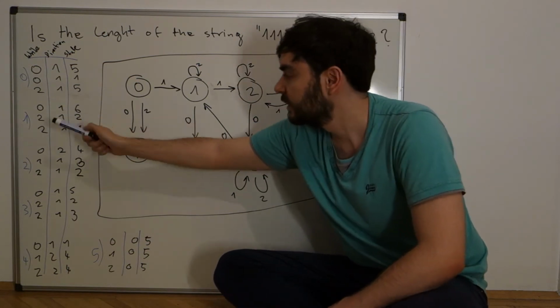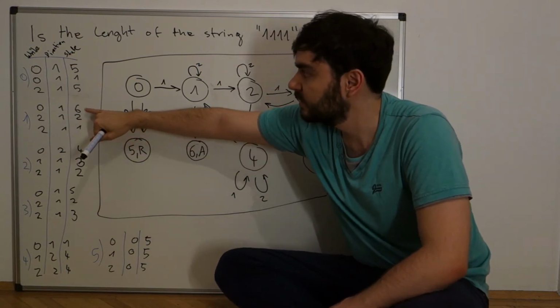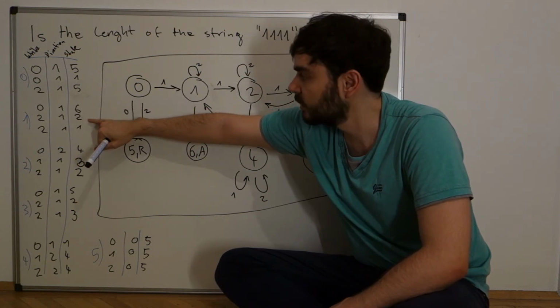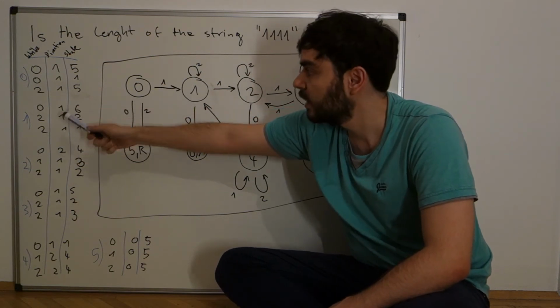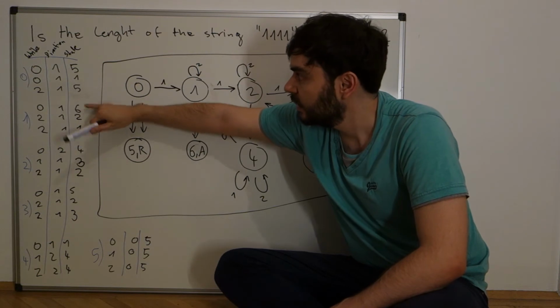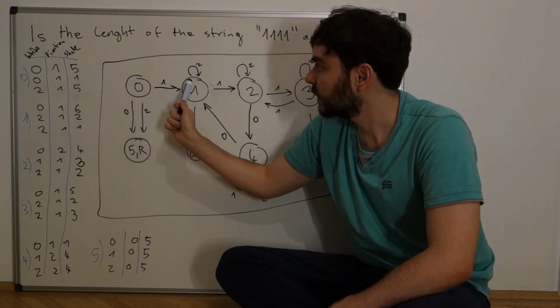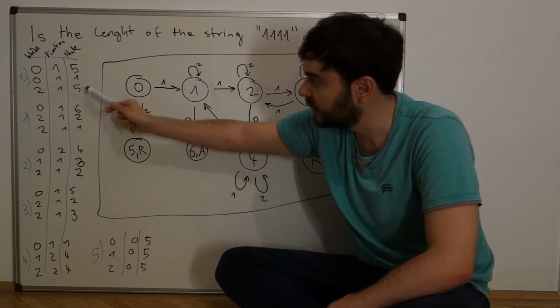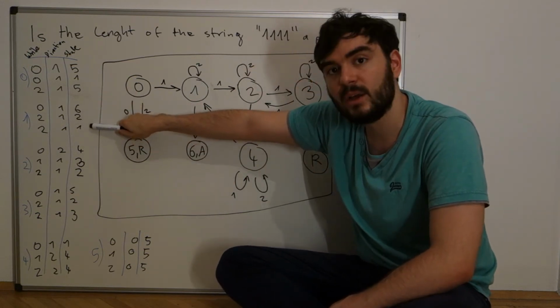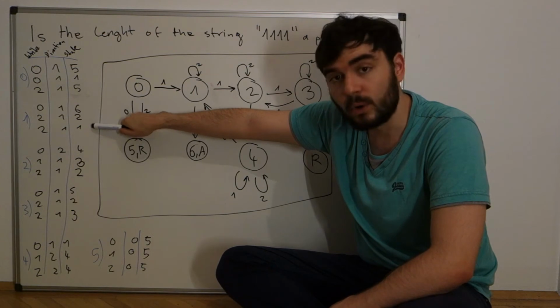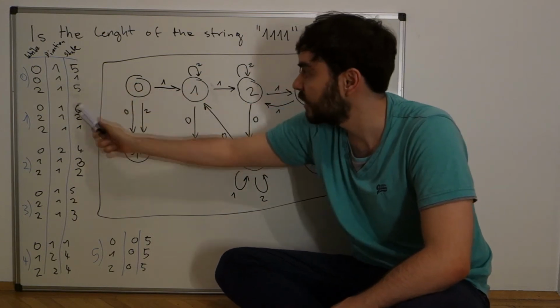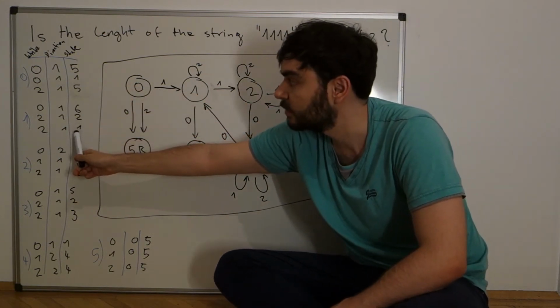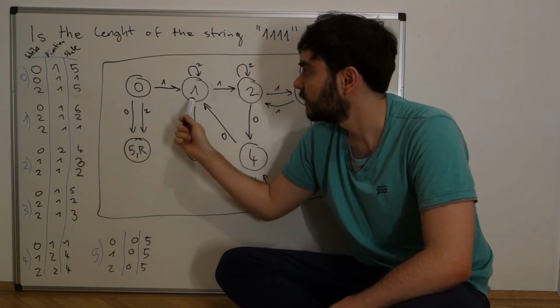So this is the column given a 0, given a 1, or given a 2. And if you are given a 2, then that means you look here at the 3rd row, and the state where you have to go is in the 3rd column, so that's that. Right, and you go back to 1.